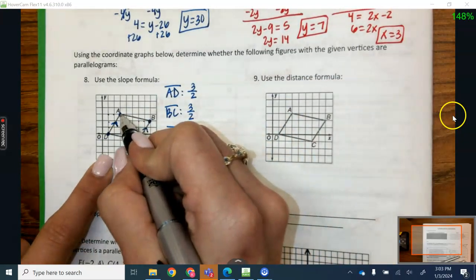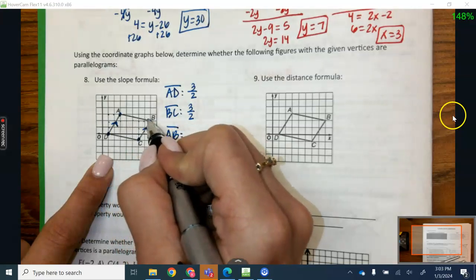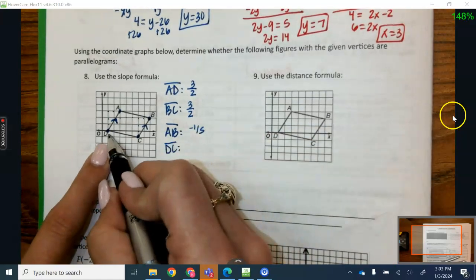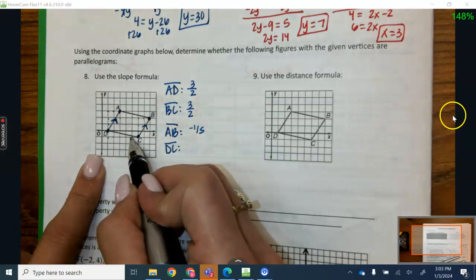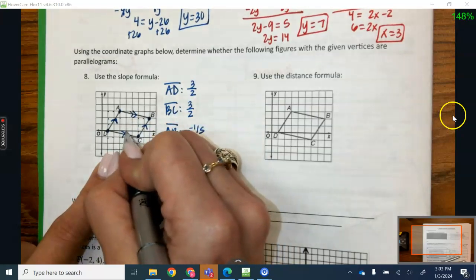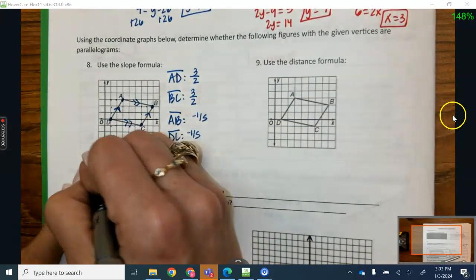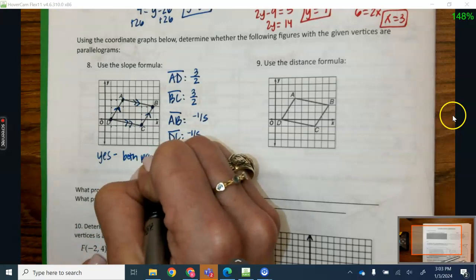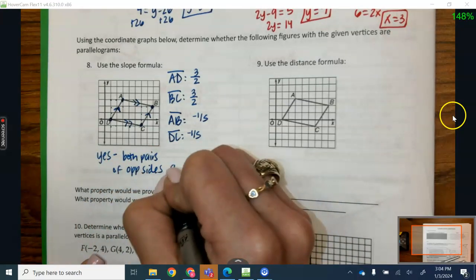From A to B, rise over run, I go down 1, to the right 1, 2, 3, 4, 5, so negative 1 over 5. From D to C, I go down 1, right 1, 2, 3, 4, 5, so negative 1 over 5. So these also have the same slopes, which means that those two sides are parallel. So yes, this is a parallelogram because both pairs of opposite sides are parallel.